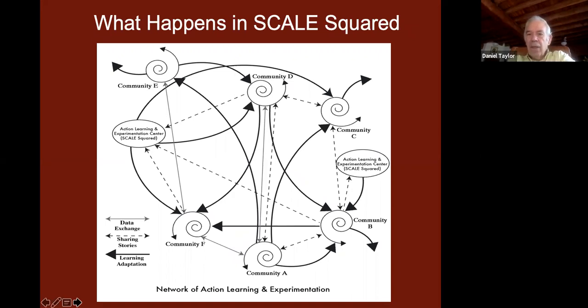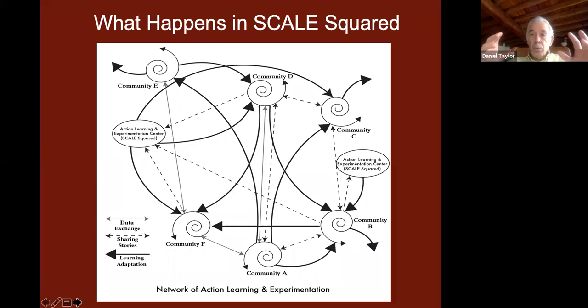Community D is working with community B. Community F is working with community wherever. You just cannot predict. The whole is readjusting.